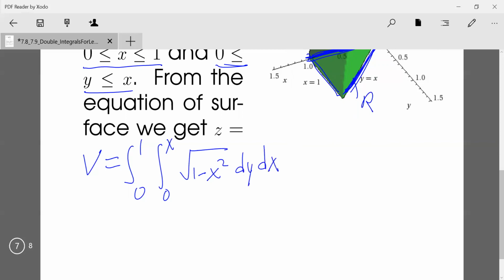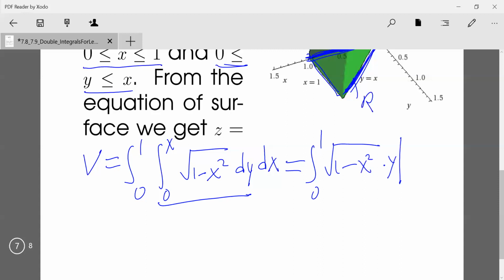Now notice that to evaluate this integral, root of 1 minus x squared is a constant with respect to y. So the first integral will be just root of 1 minus x squared times y, this antiderivative evaluated at y equal to x and y equal to 0, and then dx.